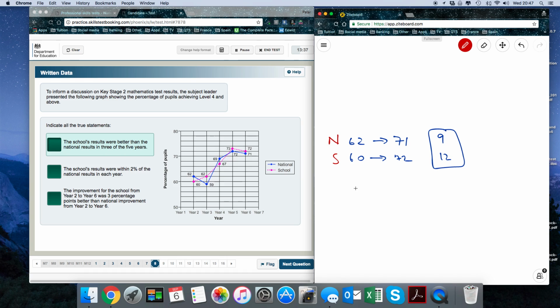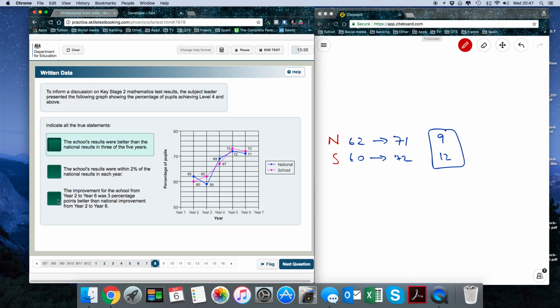So you go and look at the statement and think, well, is that what it says? So we have another read of it. The improvement for the school was 3% better than the national. That's exactly what we got, so it's a true statement. It's very easy to get these statements wrong without doing any maths wrong. It's to do with the words. You have to unjumble it and be systematic and methodical about it.